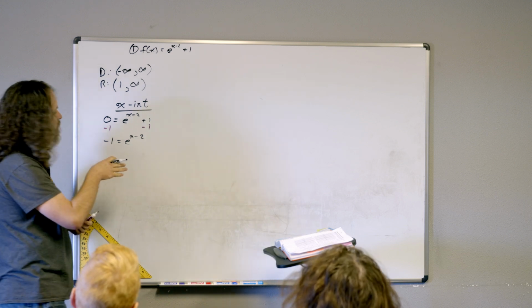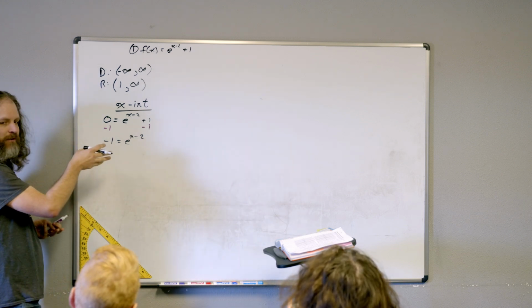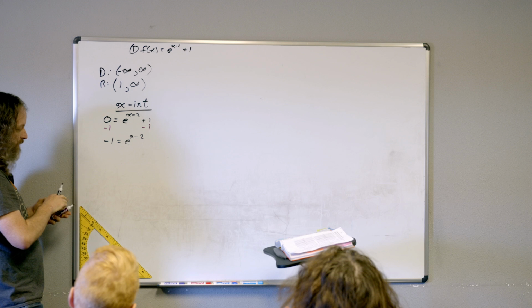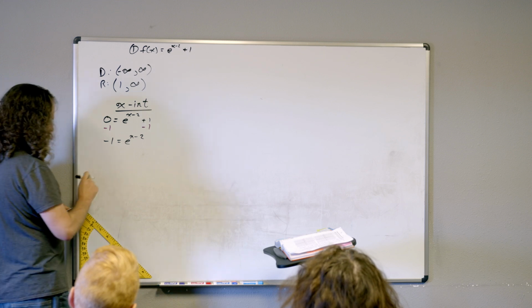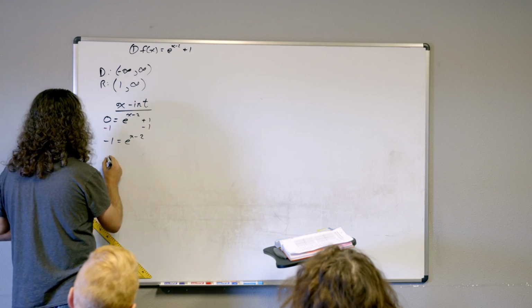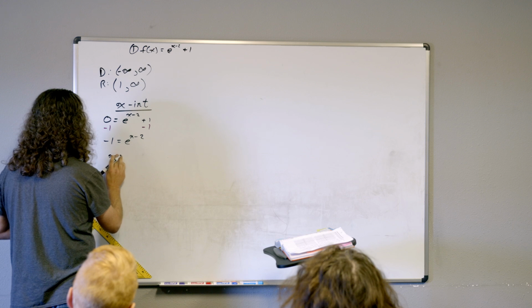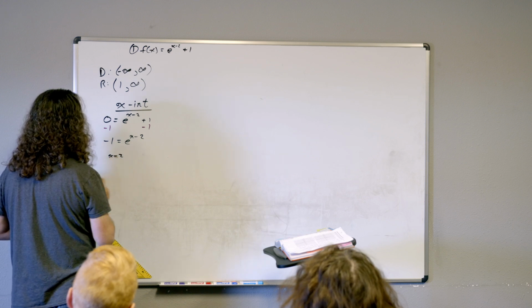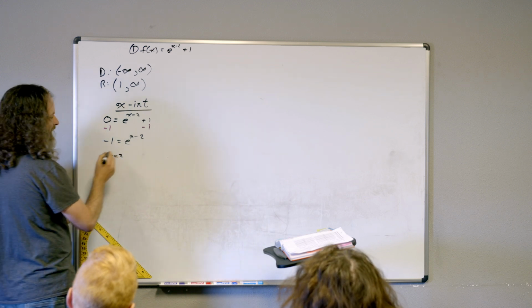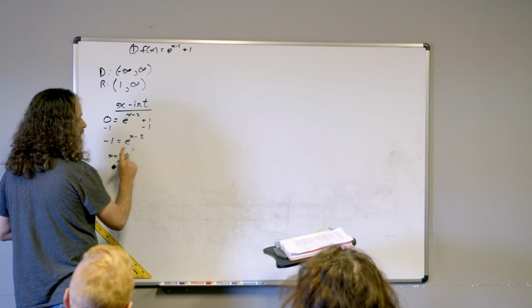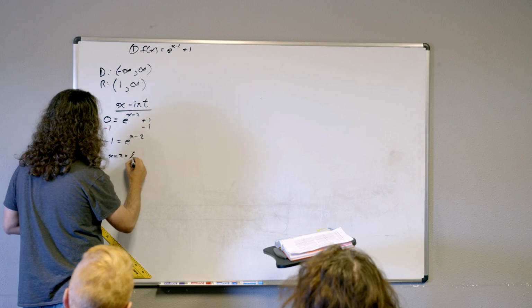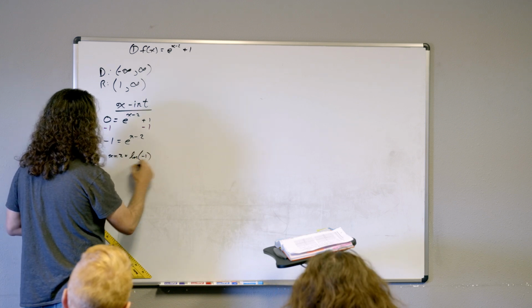That is a thing that we could do. Or we could just convert this to logarithmic form, right? What would this be in logarithmic form? x minus 2 equals log base e, so natural log, of negative 1.